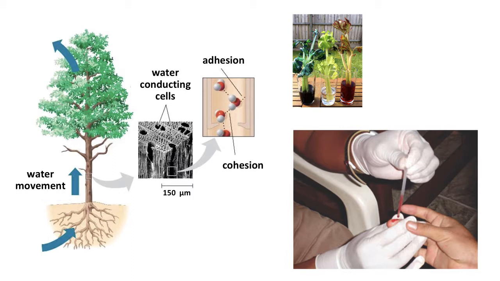And adhesive forces between the molecules in the blood and those on the surface of the glass inside the tube draw blood up the tube, and this continues until the weight of the blood exerts a downward force equal to the upward force due to capillary action.